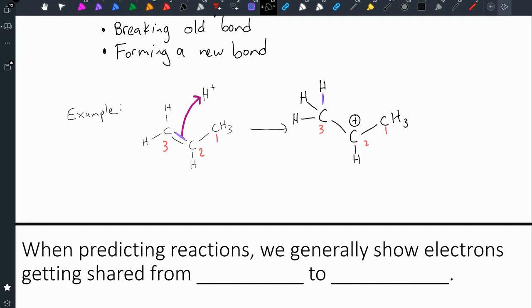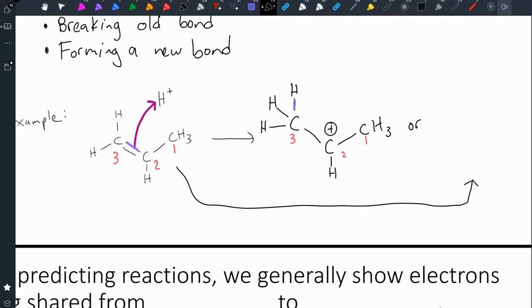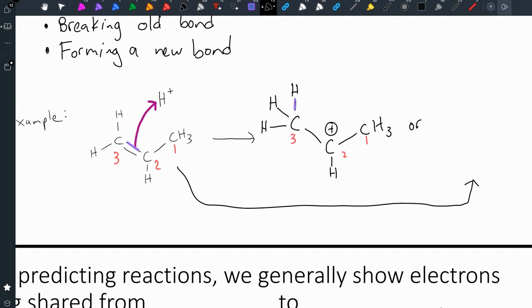Or, give myself a little more space here, I could be forming a new bond from carbon 2 to hydrogen, in which case carbon 3 would end up with the positive charge.